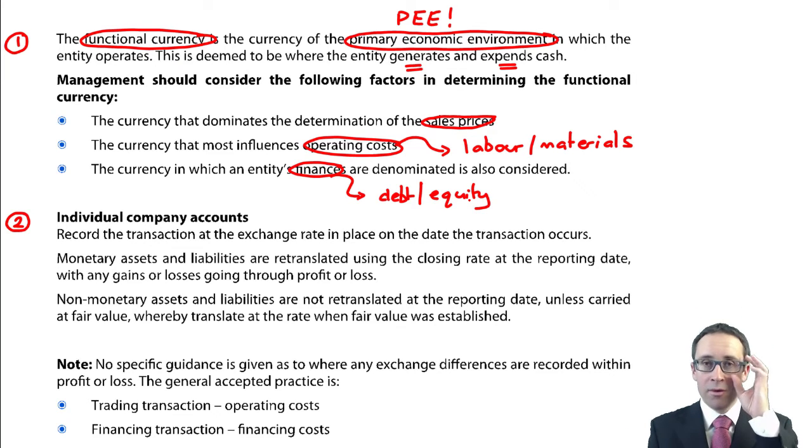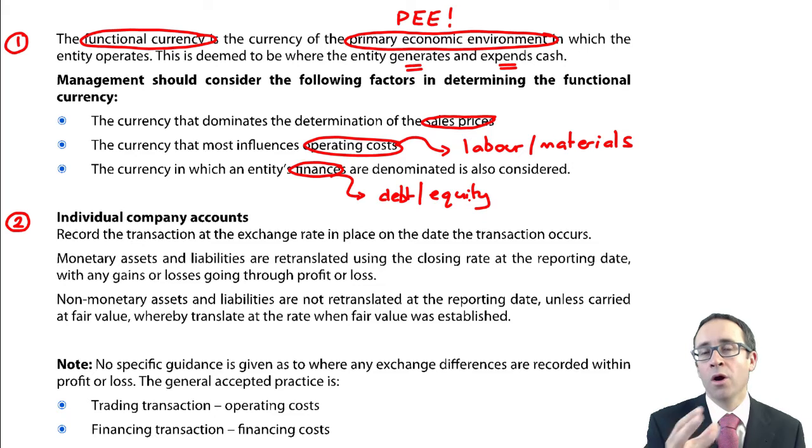But maybe if you are a developing country, or a country whereby there is an unstable economy, then maybe what might happen is that instead of invoicing your customers in your local currency, you might invoice them in dollars. You might import most of your materials and again pay in a stable currency, which is dollars.